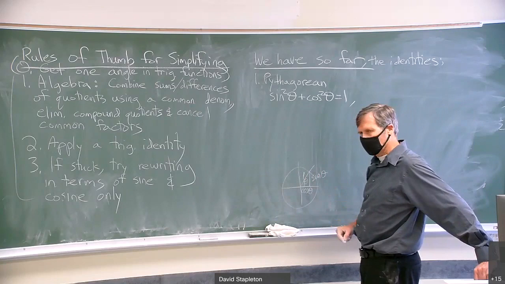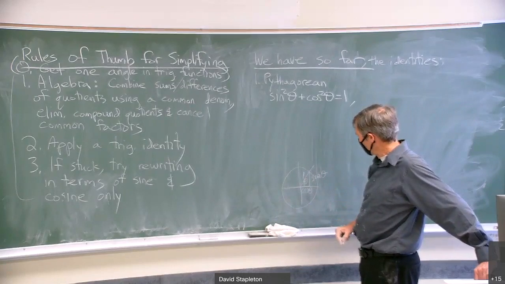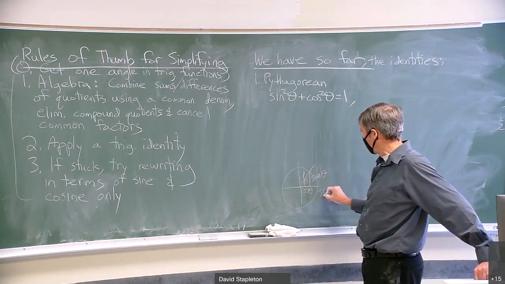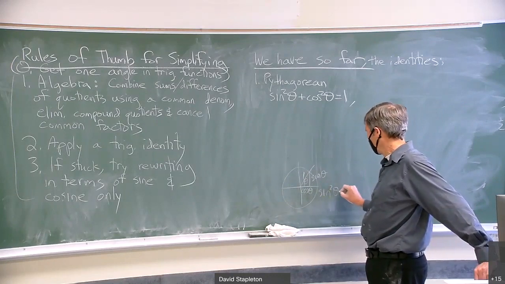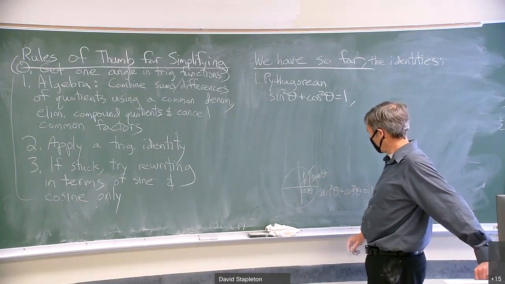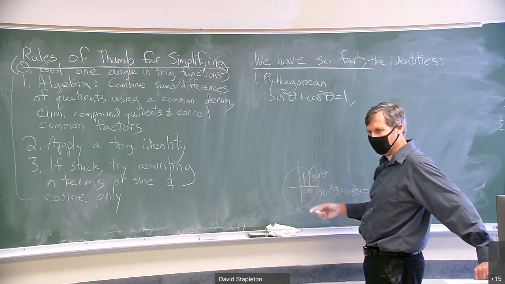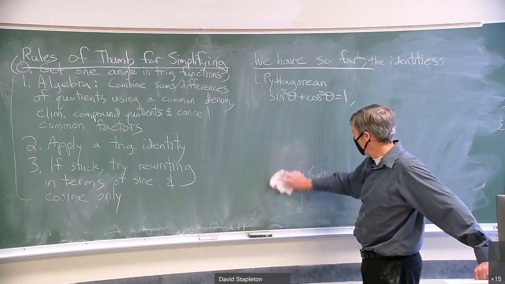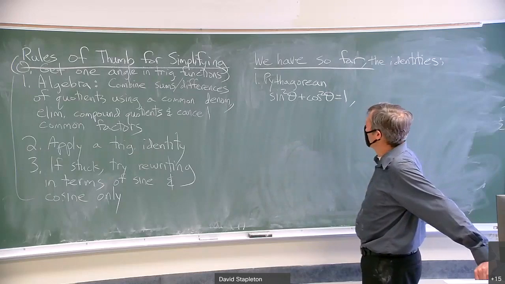And the hypotenuse is 1 because it's a unit circle, right? So here was the proof. This squared plus this squared equals this squared by the Pythagorean theorem. Aha! No wonder it's called the Pythagorean identity. It's proved by the Pythagorean theorem, right? So you prove this one on the unit circle. And that makes a nice, easy way to remember it if you forget.